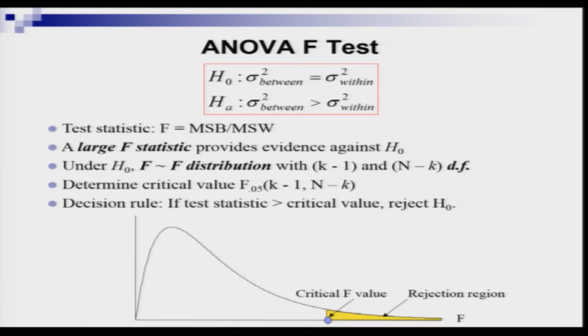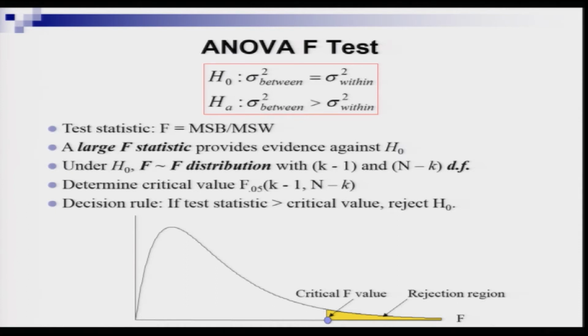Okay. Next we will look at the F statistic. Here the test statistic is defined as capital F, which is basically the ratio of MSB and MSW. Note that here I am writing MSB divided by MSW, but not MSW divided by MSB.